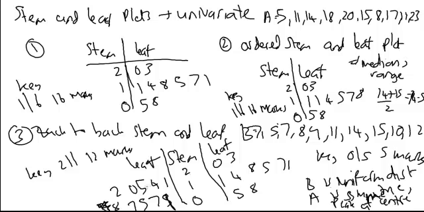The largest number is 15 and the smallest is 5. So the range is only 10 on the left. So these distributions are very different.